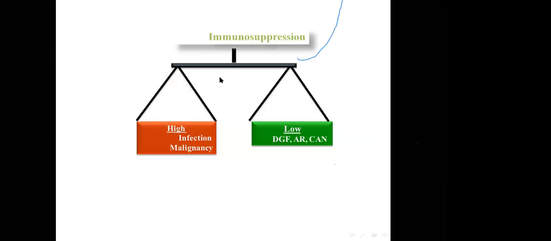Some patients die because of immunosuppression. This is a heavy equation, and you should put in mind not to lose the patient. This is the most important thing. If you give heavy immunosuppression, you will kill the patient by infection and malignancy. And if you have a loose hand and give suboptimal immunosuppression, you will lose the graft.